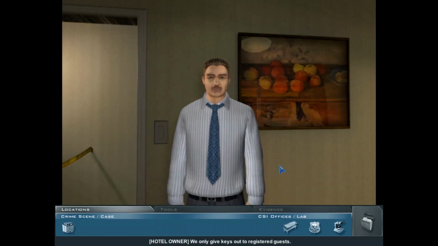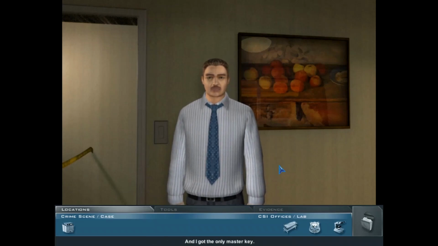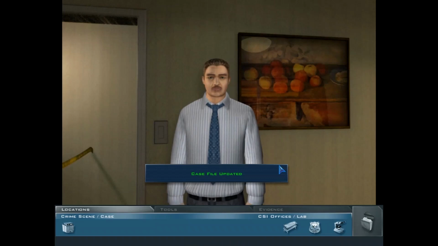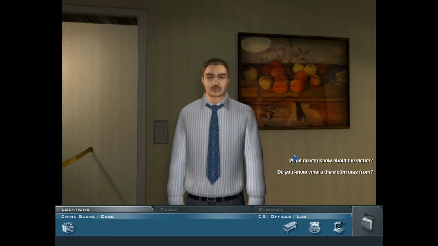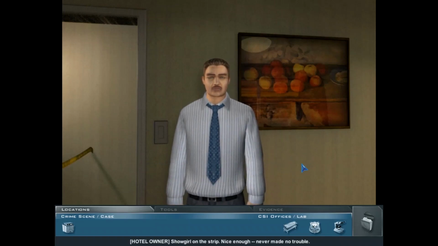We only give keys out to registered guests. My patrons don't like to be dropped in on, catch my drift? And I got the only master key. Showgirl on the strip, nice enough, never made no trouble. Kind of a regular here, made a half-dozen visits over the past couple of weeks. No credit cards, strictly cash and carry, capiche?